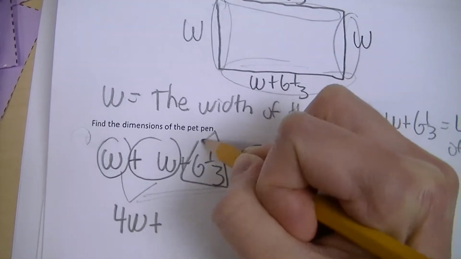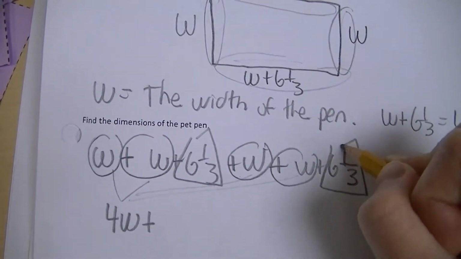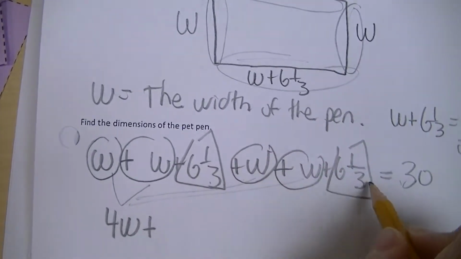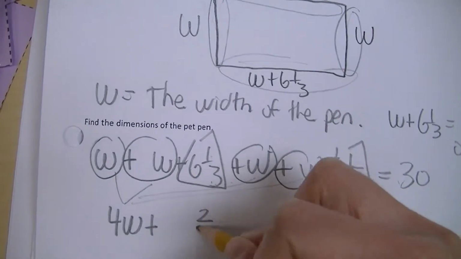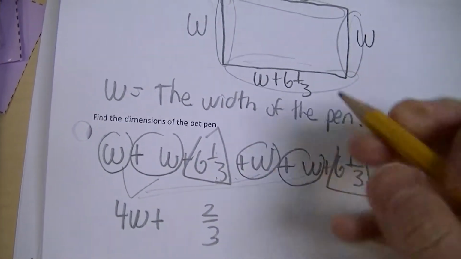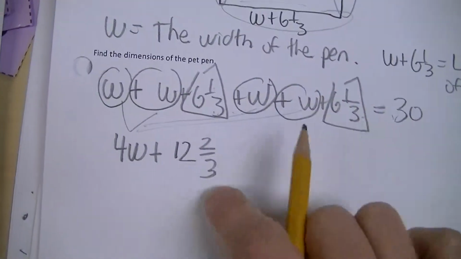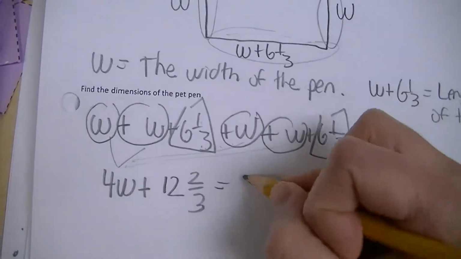Plus 6 1/3 plus 6 1/3. So they have common denominators already. So 1/3 plus 1/3 is 2/3. And then 6 plus 6 is 12. So I have 12 2/3, and that's going to equal 30.